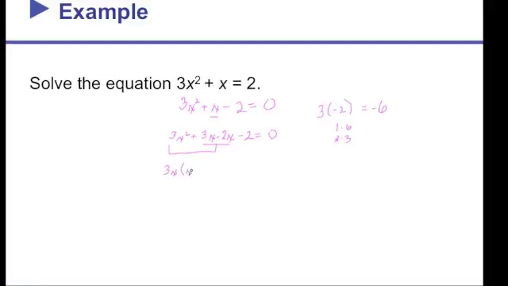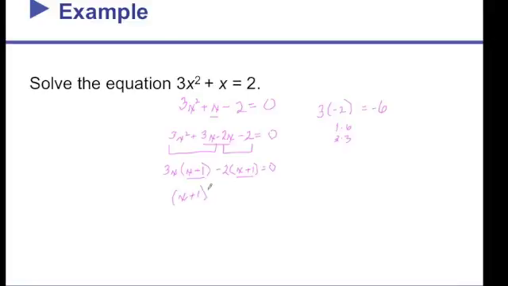That would leave an x plus 1. And for the last two terms, negative 2x minus 2, I could take a negative 2 out of both of those. That would leave an x plus 1, equal to 0. Notice that these two things in parentheses are both the same, and they need to be for this to continue. So we factor out that x plus 1.